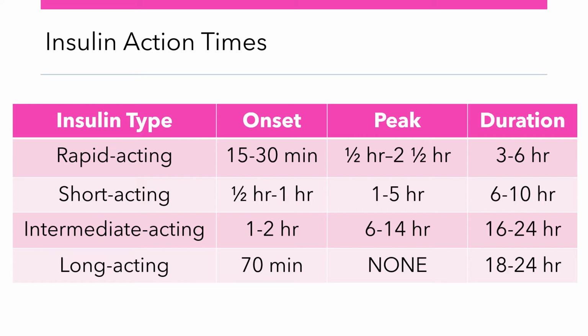It will peak, so that is the highest point that this medication is in effect at, at the half-hour to 2.5-hour mark. So this is the time where we're going to make sure that we are still assessing our client, that they are not starting to decline or have any hypoglycemic symptoms.